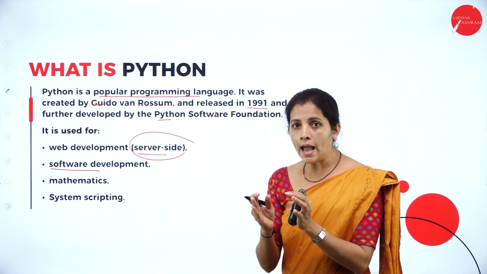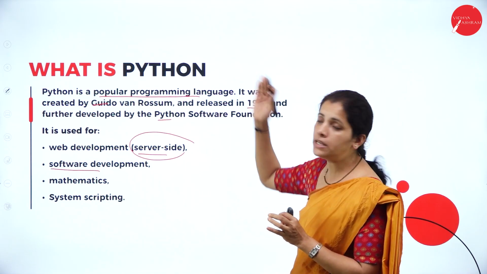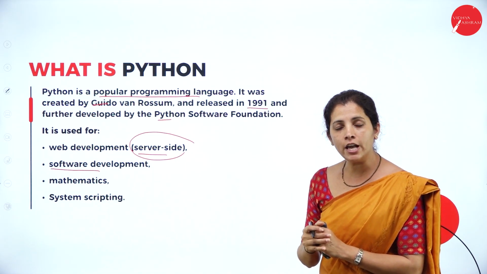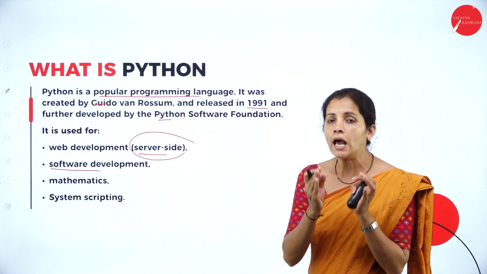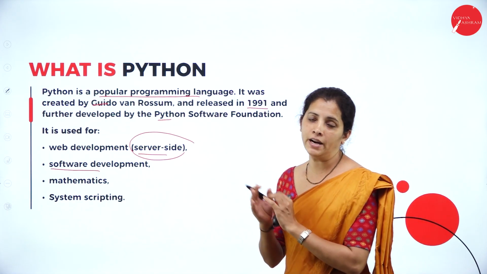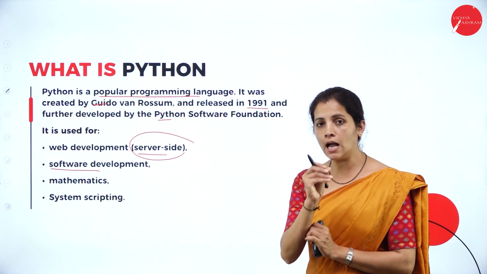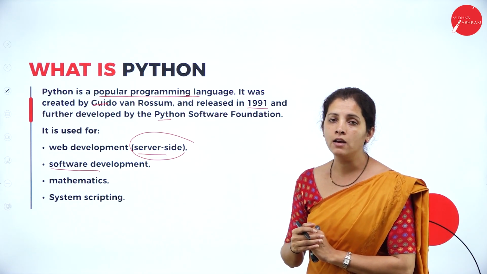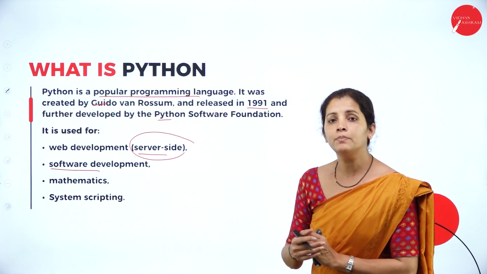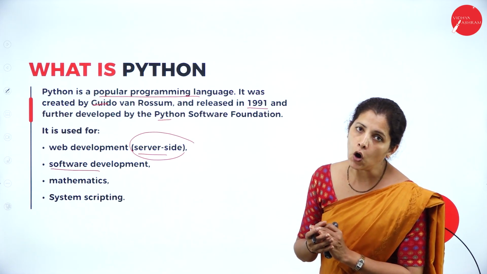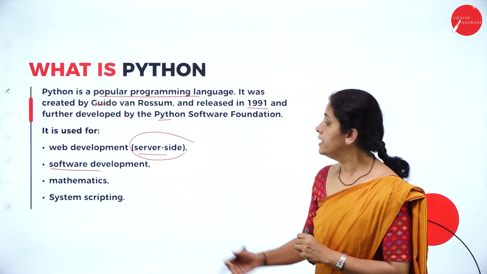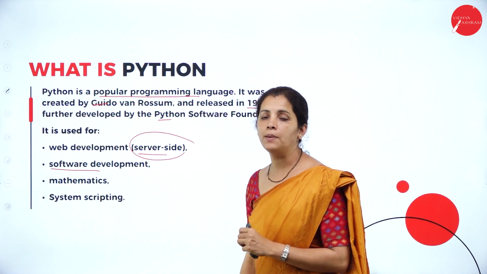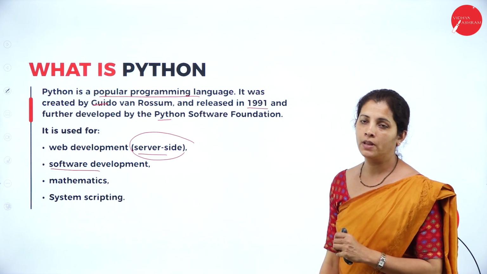Whatever program I write using Python, that same code I can run on different platforms. Examples of platforms are Windows operating system, Unix, Linux or Mac OS. So for that reason, it's also used to develop software applications.